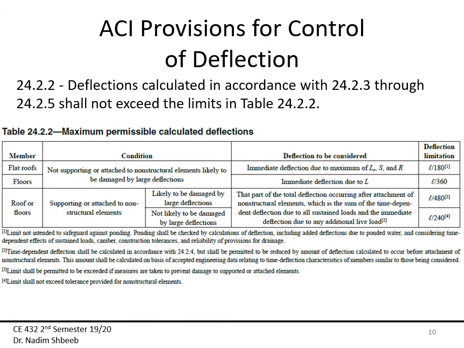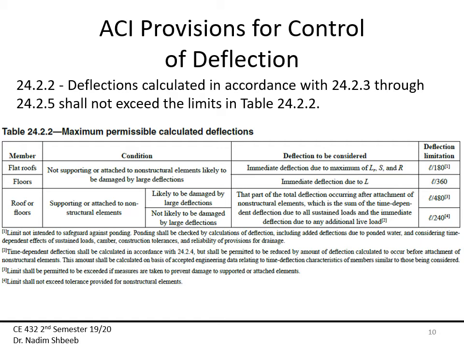Now, as I said, if I'm calculating the deflections, then I need to know what the imposed limits are, and these limits are as follows. Let's say this is my member.